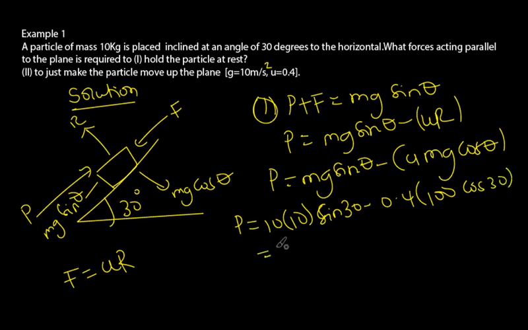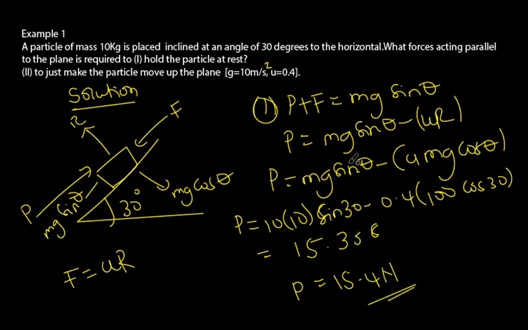If we punch this straight into the calculator, we will get 15.358, which means the force needed to hold this body at equilibrium on this plane in this example is 15.4 newtons.